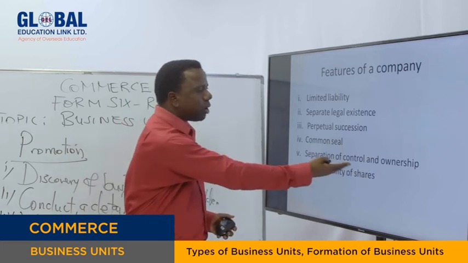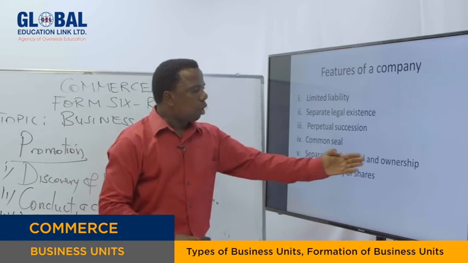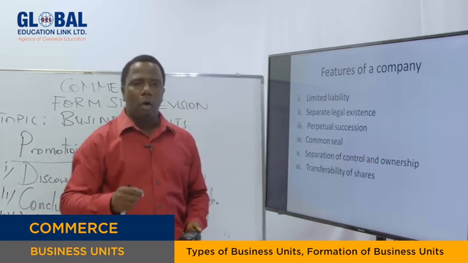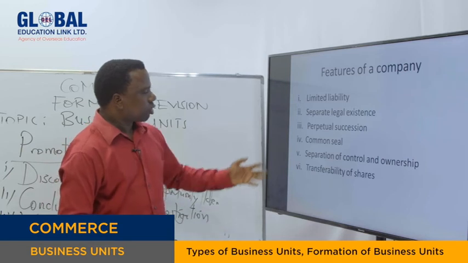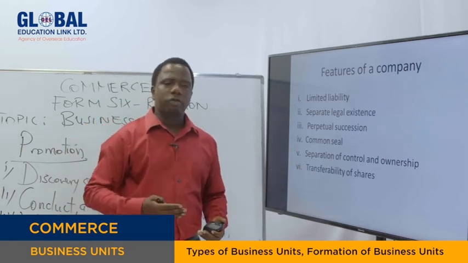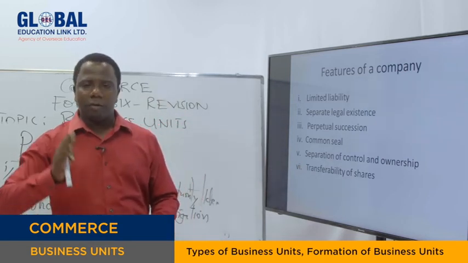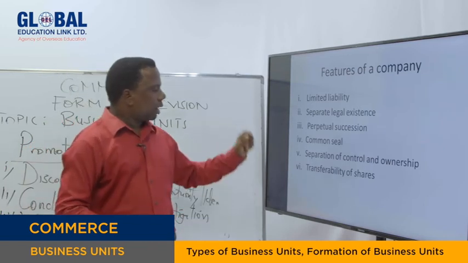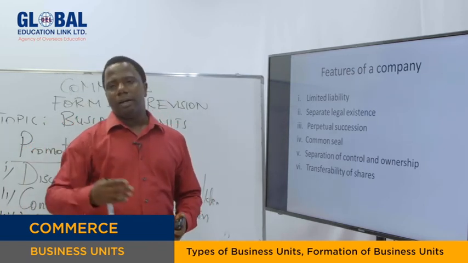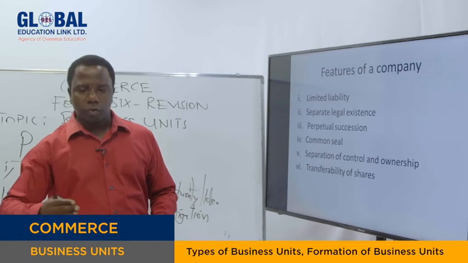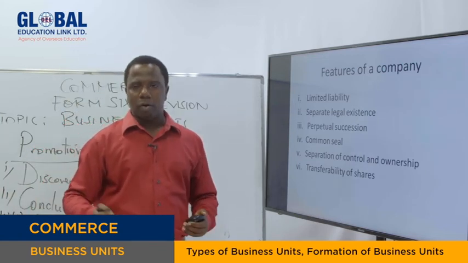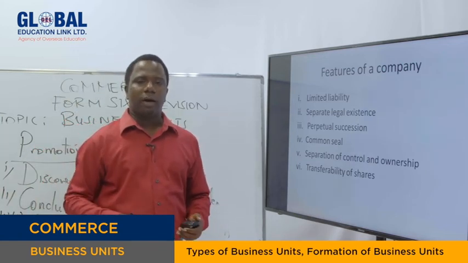So control is under directors and ownership is under owners of the company. Transferability of shares. Shares of a public company are freely transferable, while shares of a private company need approval from some members in order to transfer those shares.